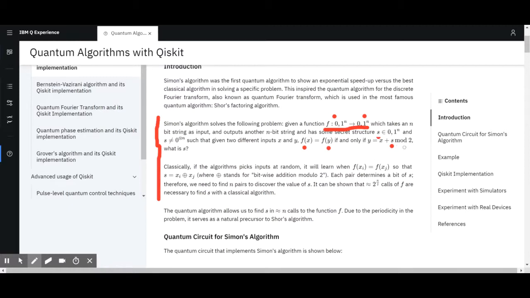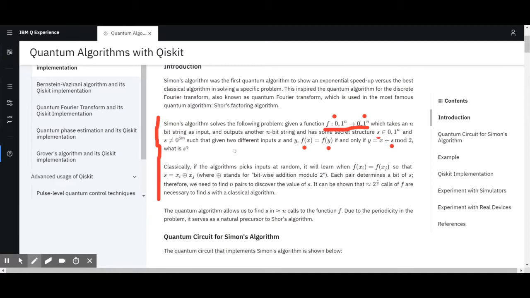That's why the mod is being used. If and only if y equals x plus s mod 2. I don't quite understand that, but basically what they're saying is it repeats regularly. And the idea here is to try to figure out what that periodicity is.